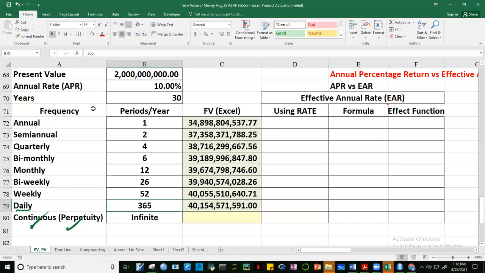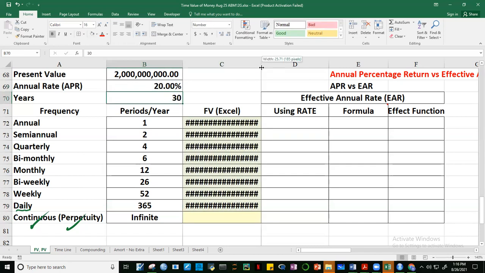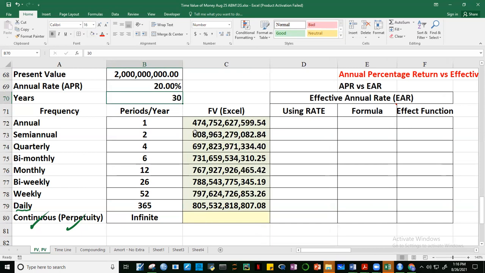Tapos mas malaki pa yan, guys, kung lakihan pa natin interest rate. Kunyari gawin natin 20%, no? Tingnan nyo, guys. Look at the difference. Kasi yung pag-compute ng future value is equal to present value times 1 plus r raised to the t.